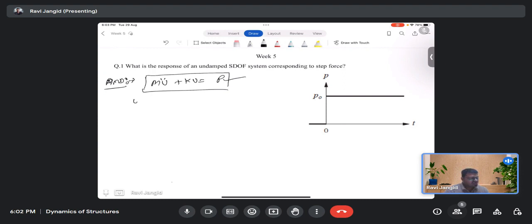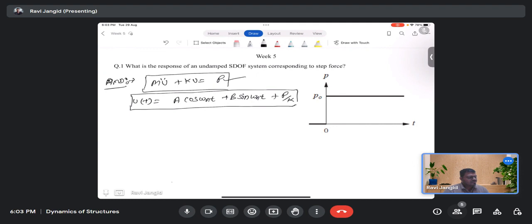What was the solution? u(t) is equal to A cos omega t plus B sine omega t plus p by k. If we want to find the coefficients A and B, we can find them by using u0 and u dot 0.